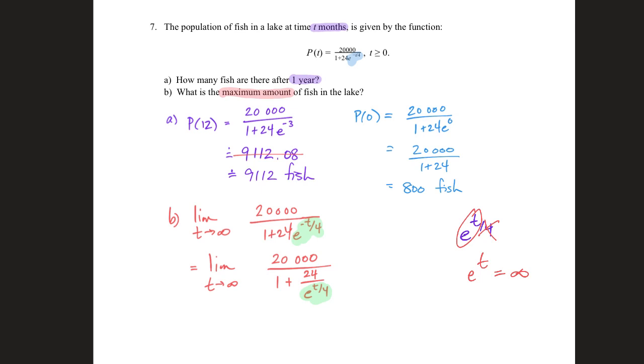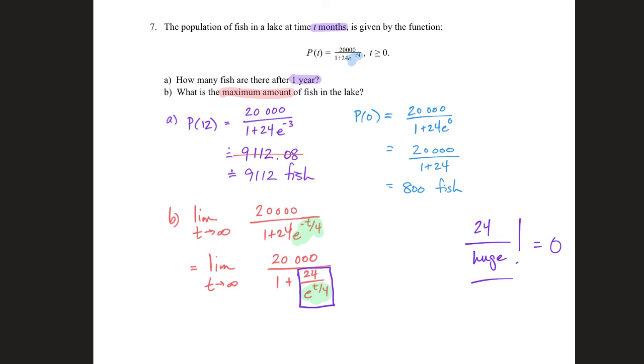So now what I want to do is I want to look back inside my function, and now I want to zero in on my fraction. And notice we love fractions like that. We love fractions where the top is constant and the bottom becomes huge. Because we know that fractions where that occurs approach 0.